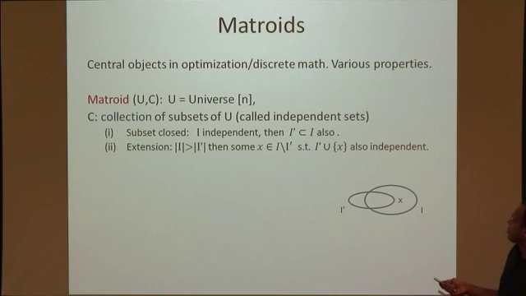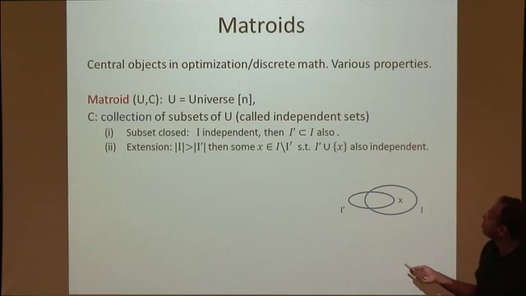A more interesting property is what's called the extension property. If you have two independent sets, I and I prime, and I is strictly bigger than I prime, then there is a way to extend I prime to a bigger independent set by including some element which is not in I prime but in I. In other words, there exists some x in I minus I prime so that I prime plus x is also independent.